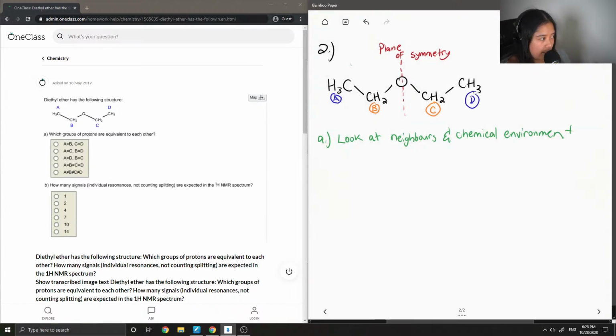Okay, so if we look at which of them are equivalent, it's going to be A is equal to D, and also B is equal to C. So therefore it's option 3.